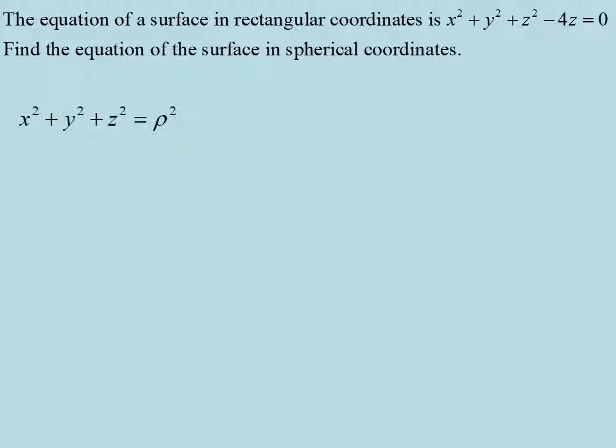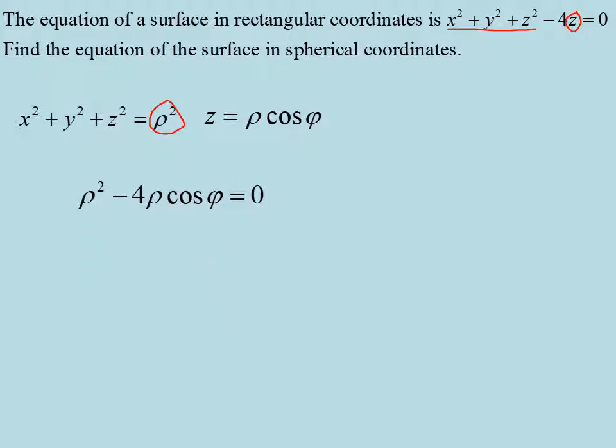First off, we're going to take the x squared plus y squared plus z squared part of the equation and replace it with rho squared. Then we're going to take the z and replace it with rho cosine phi.